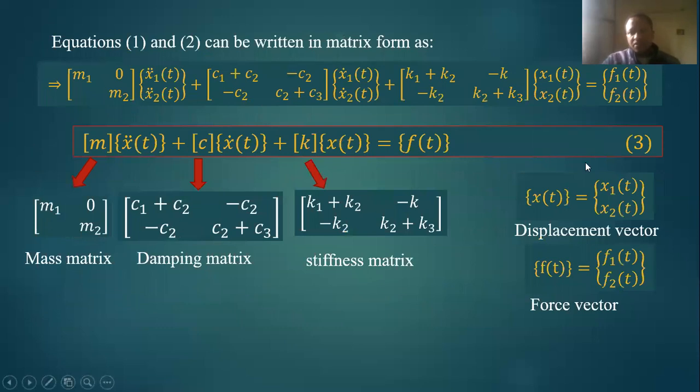One of the constants is x1 of t, x2 of t. The derivatives of x1 and x2 are also unknowns.